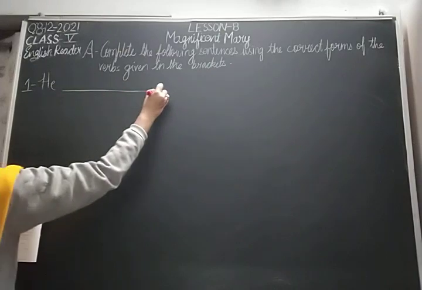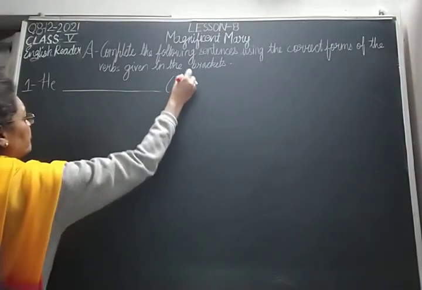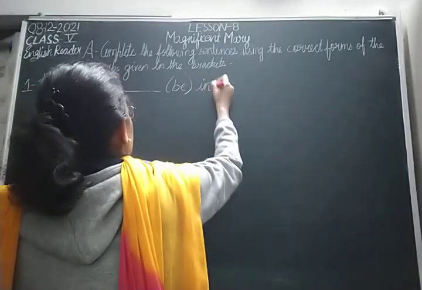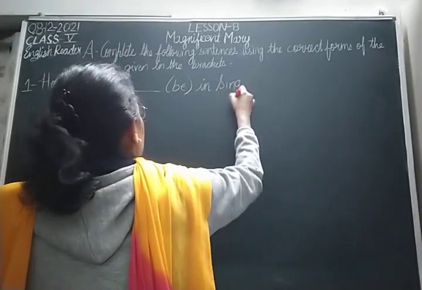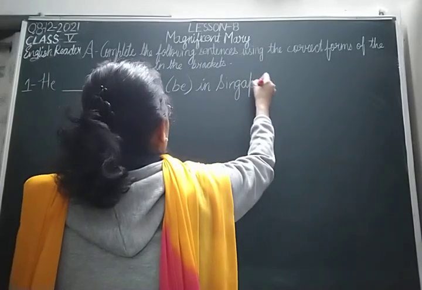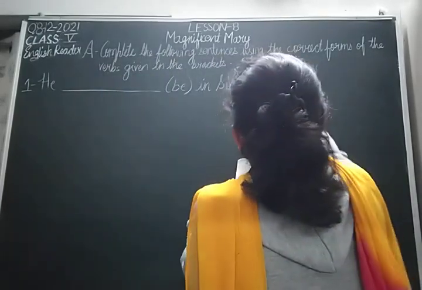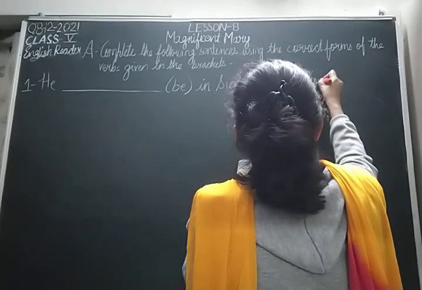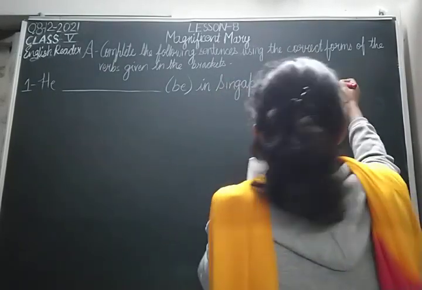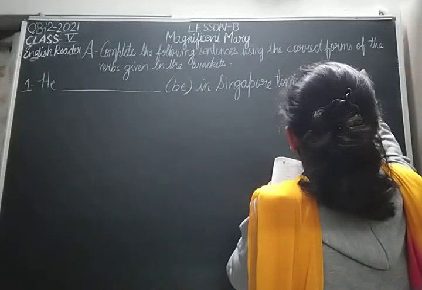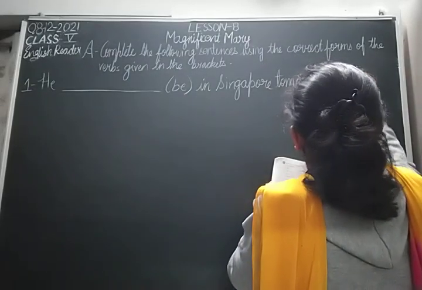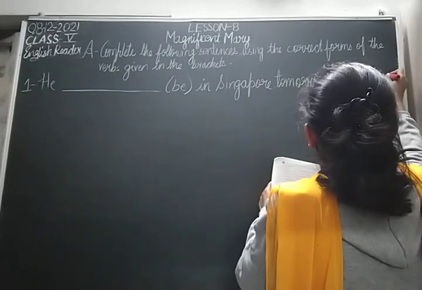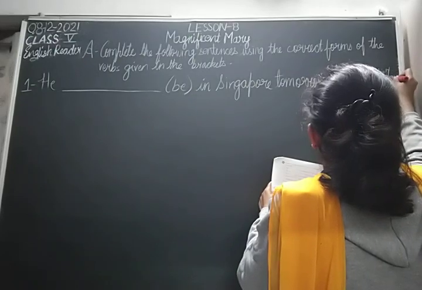And the first one, children: he dash in Singapore tomorrow. In the bracket it is given simple future tense.